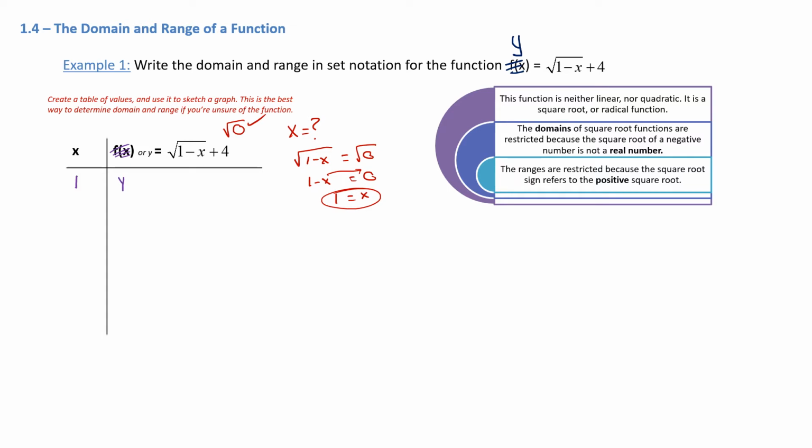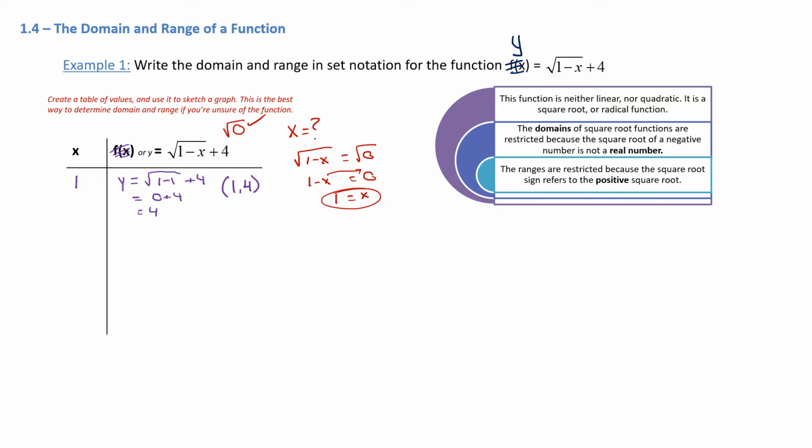My y value, when my x is 1, is going to equal the square root of 1 minus 1 plus 4. So that, of course, 1 minus 1 is 0. That's going to be 0 plus 4, which is 4. So we have a coordinate here, 1, 4. So that's a really important one. That's going to be our vertex.